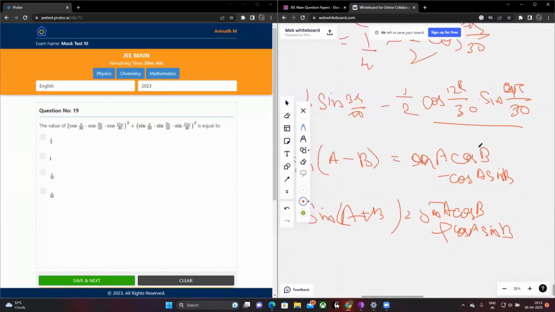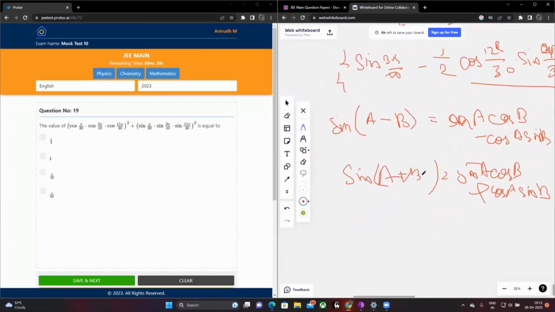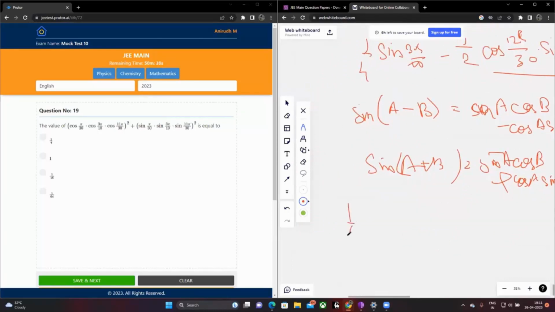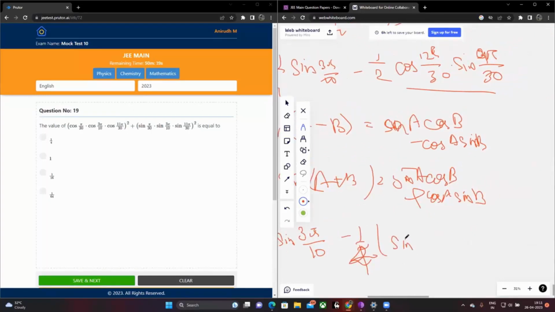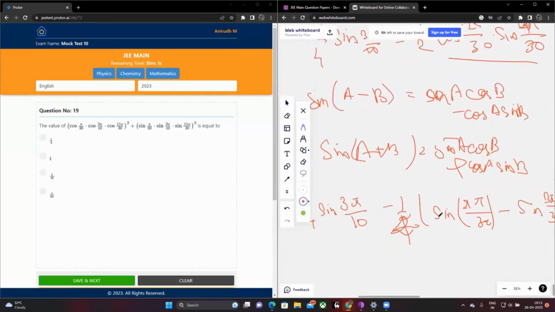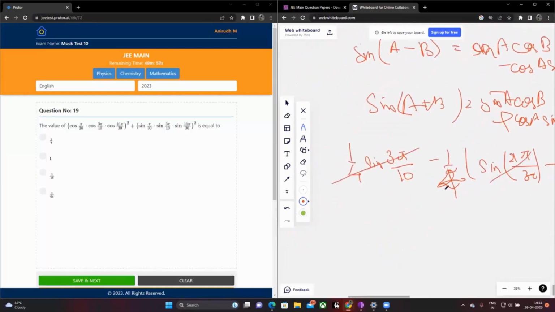I just take A as 12π/30, B as 9π/30, and get this to be sin of A plus B minus sin of A minus B. So this is 1/4 sin of 3π/10 minus 1/4, and I'll take half into this: sin of A plus B, sin of 12 plus 9, 21π/30, minus sin of 12 minus 9, 3π/30. Basically, you have these two cancelling because sin of π minus θ is sin θ itself.